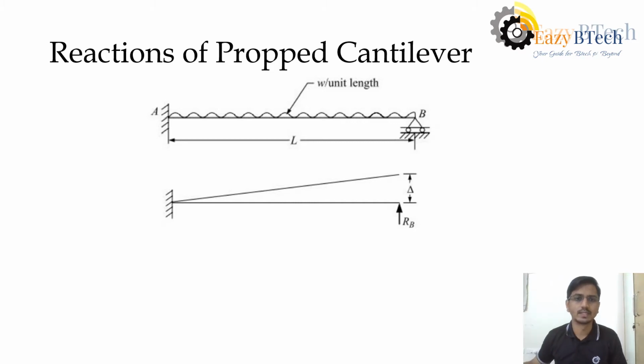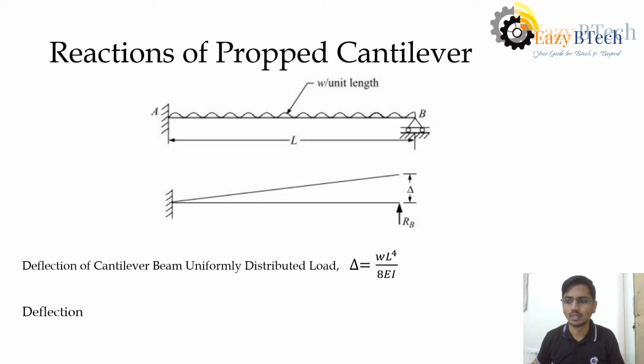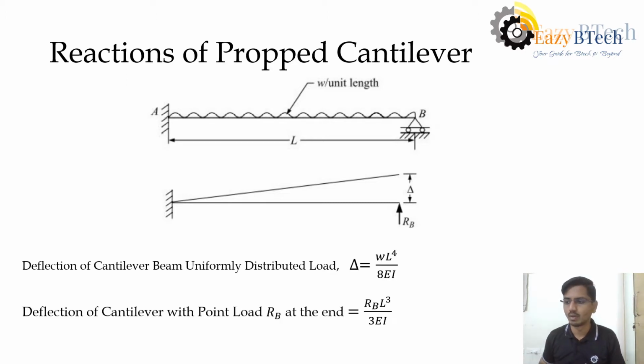So let us take this example and we'll see how to find out the reactions. In this case, as already seen, the degree of static indeterminacy is 1. Now, the first step which we need to do here is, this method is known as consistent deformation method.